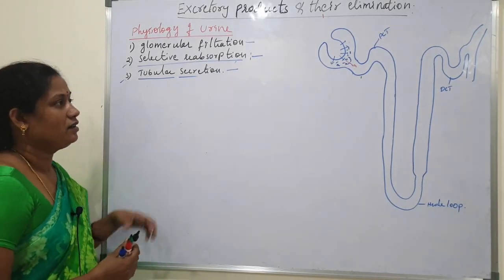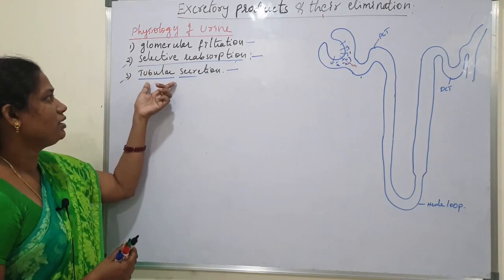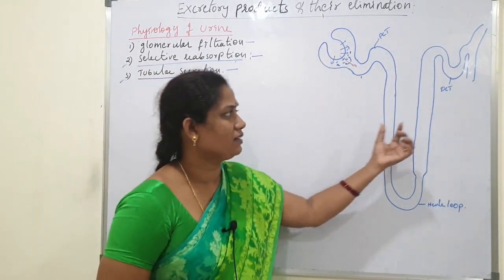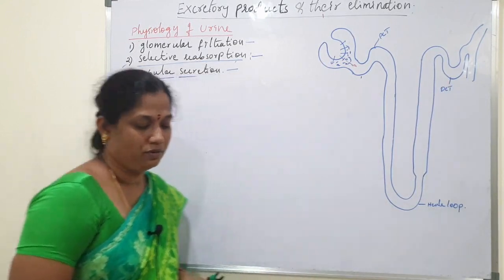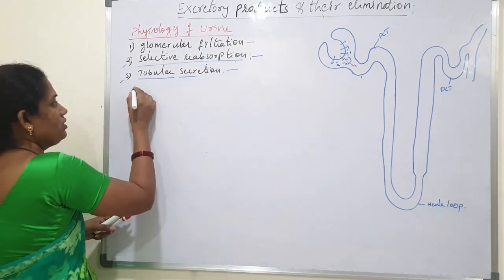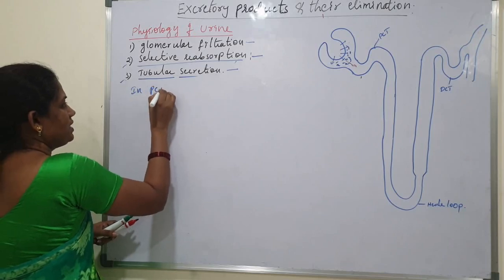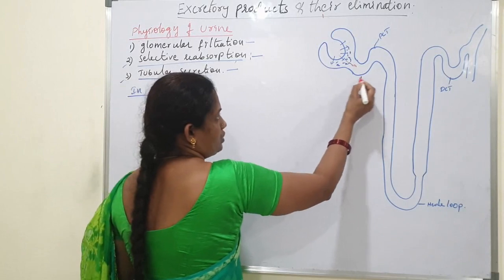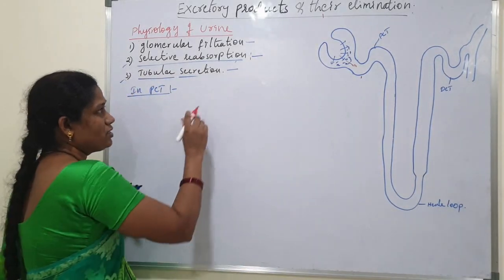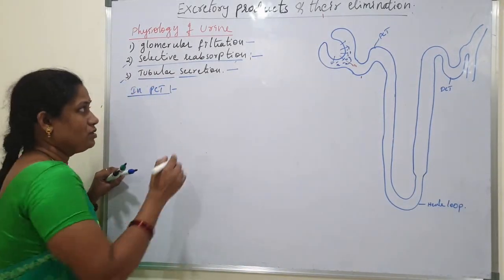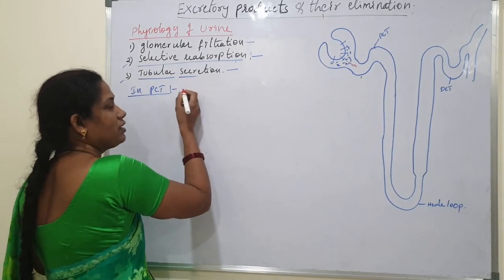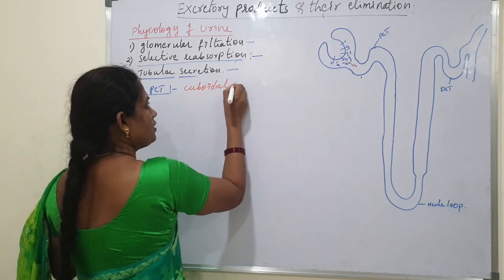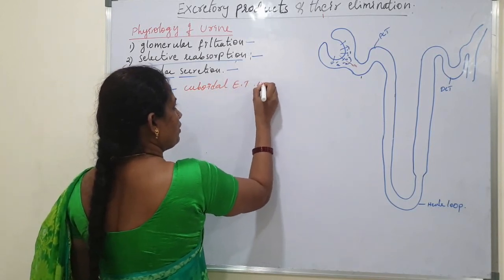Next we will see selective reabsorption and tubular secretion simultaneously in each part of the renal tubule. First, the PCT, the proximal convoluted tubule. We have already learned its structure. The inner lining is mainly made up of cuboidal epithelial tissue with a brush border.